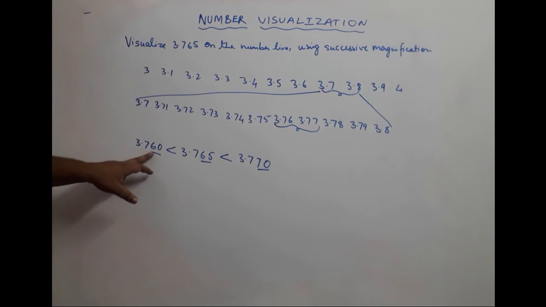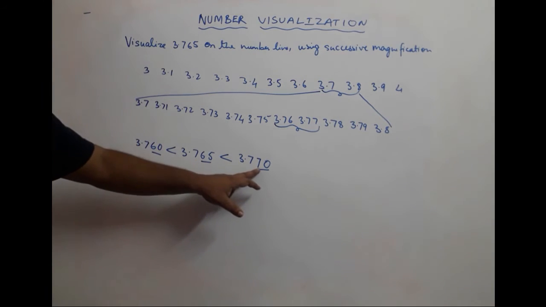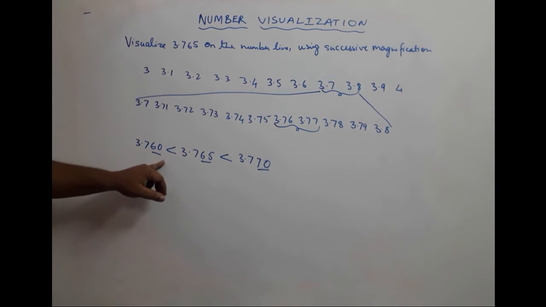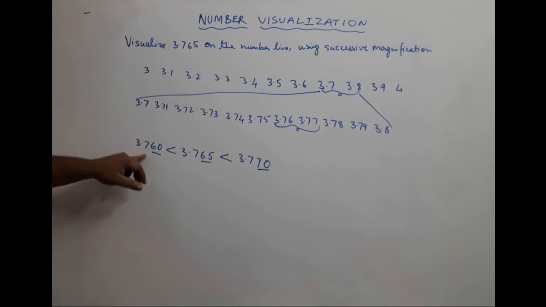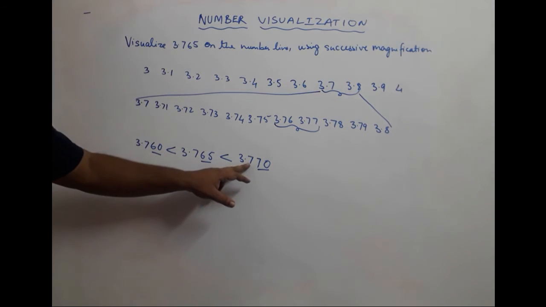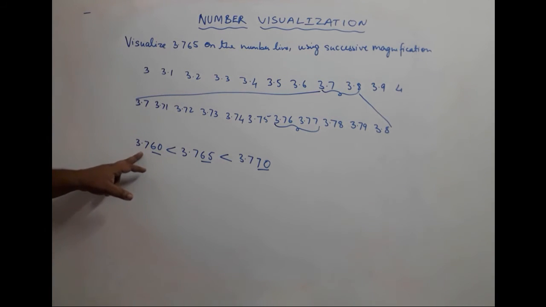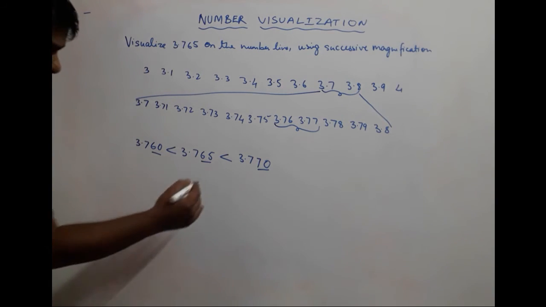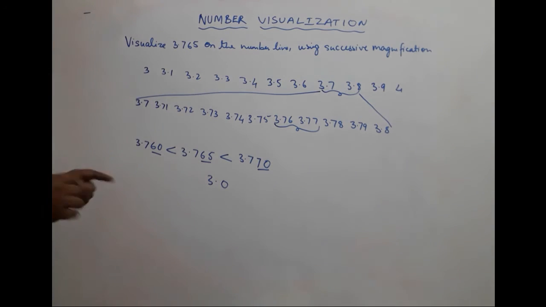Okay, 3.76 and 3.77. Remember, this is not 760 and this is not 770, because this is a number that is less than 1. Any number that comes after the decimal has a value that is less than 1, and that is why it is called 3.760. So the 0 after the decimal does not hold much value. If you take 3.0, it doesn't mean it is 30.